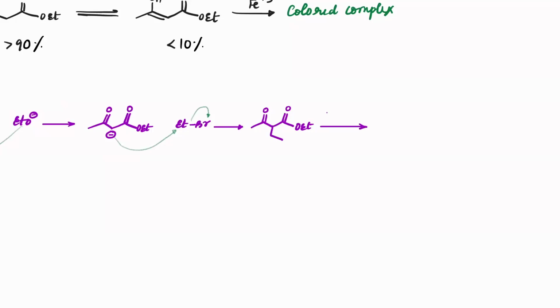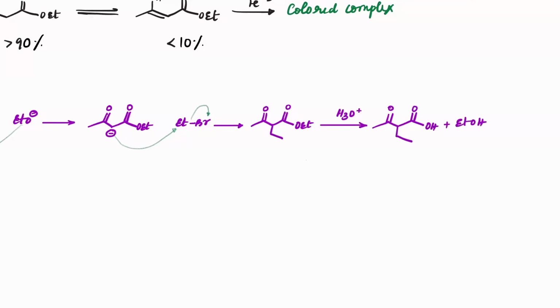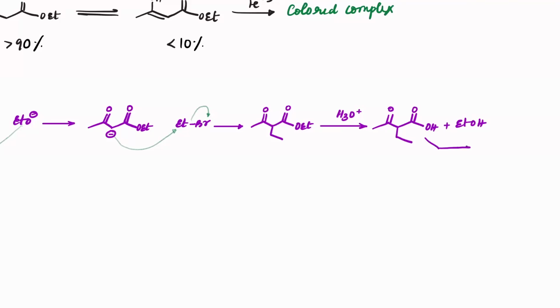And thereafter, H3O plus is usually done, which means the ester will undergo hydrolysis and convert into an acid form, plus EtOH. And then it is further continued with heating. So on heating, decarboxylation will take place. So we will get ethyl here like this plus CO2. So this is the final product that we need to report, a keto product.